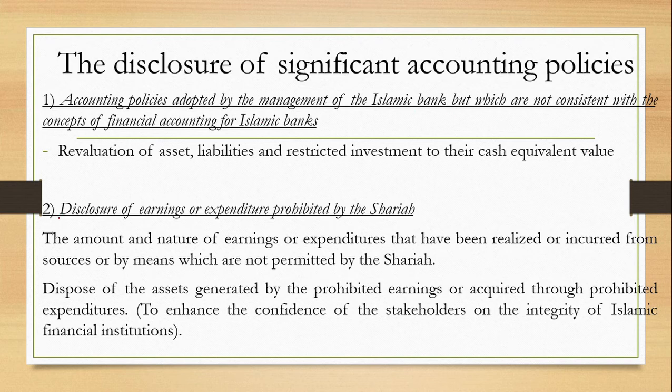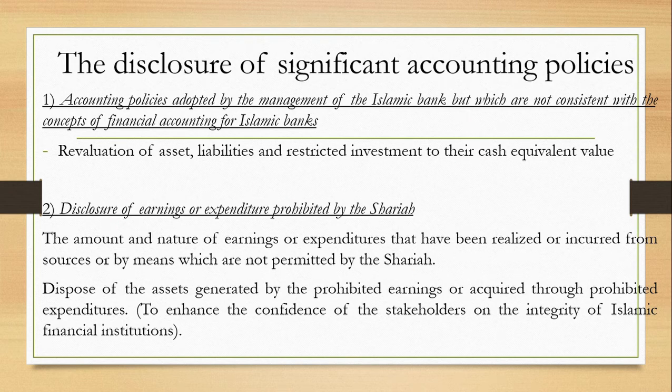As for disclosure of earnings or expenditure prohibited by Sharia, the amounts and nature of earning or expenditure that have been realized or incurred from sources or by means which are not permitted by Sharia will be disclosed in the accounting policies of IFIs.